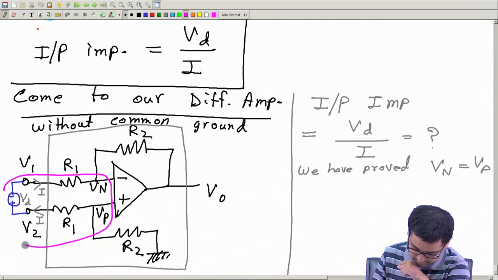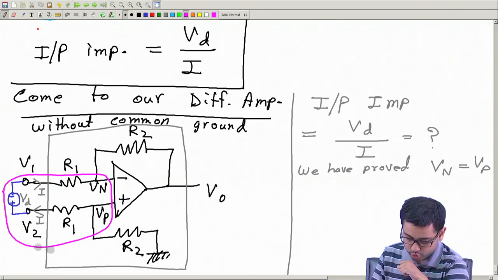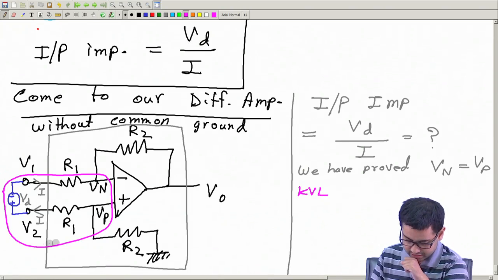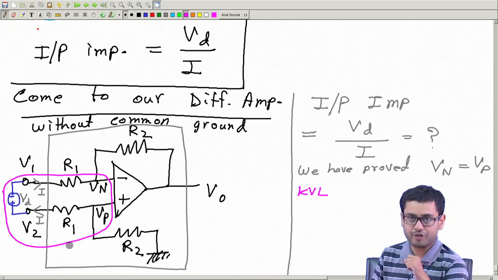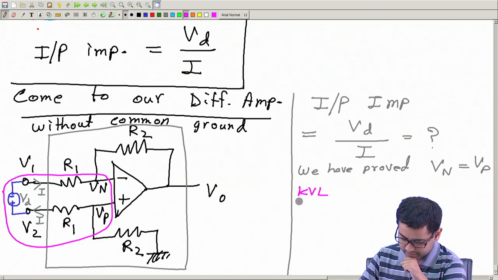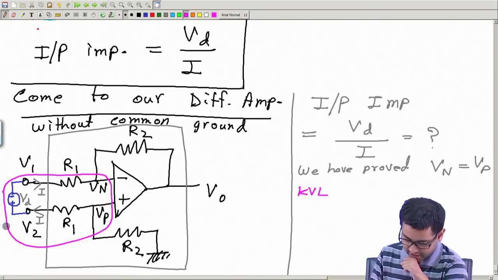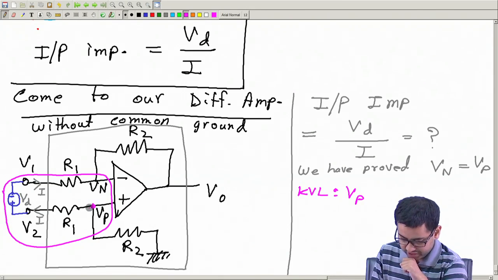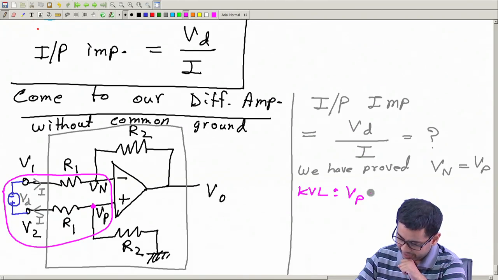So in this loop let's apply KVL, in this purple or violet loop. What can we say? Let's start from this point. So Vp, and then starting from here, I have a potential drop IR1. I is flowing in this direction, so it's a drop, so minus IR1.